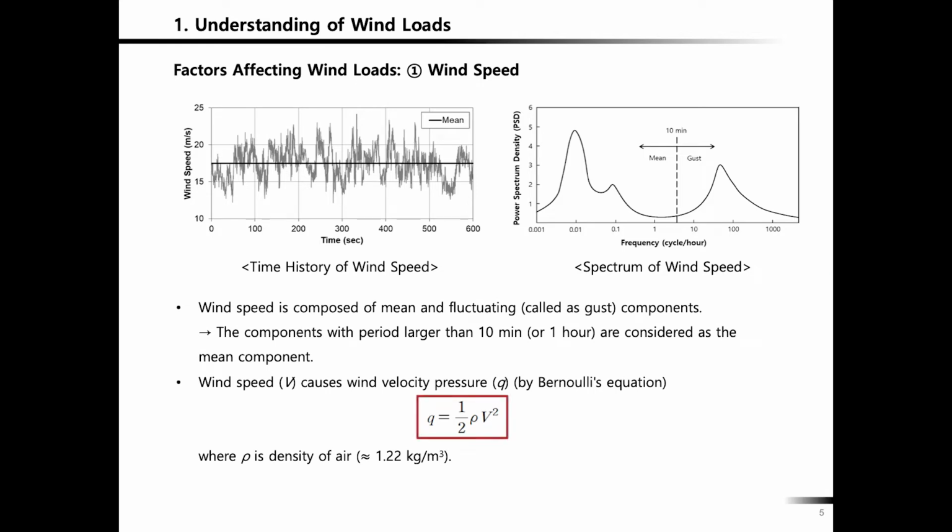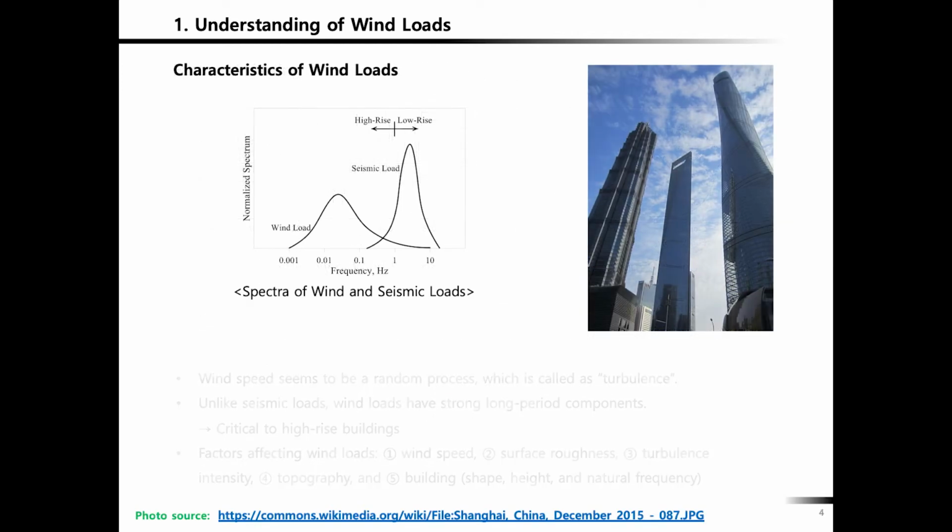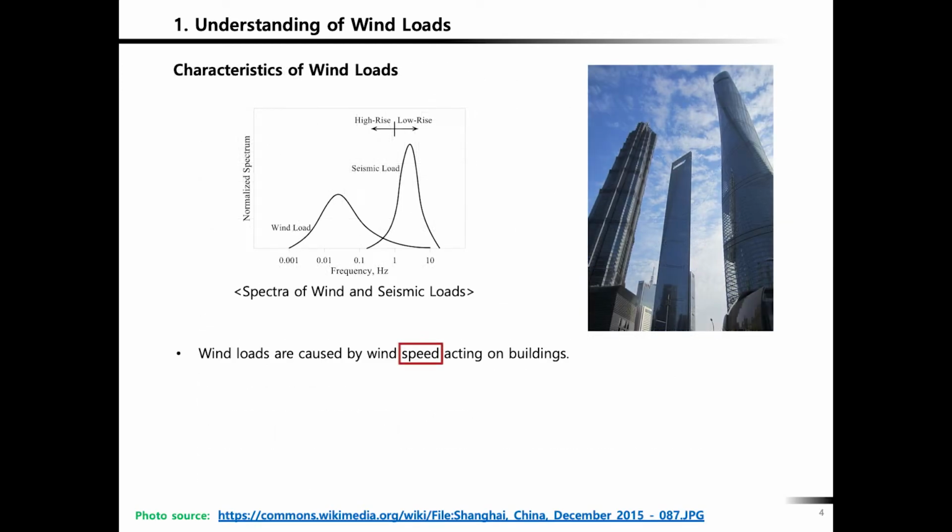When the velocity becomes 0, it all changes. If the building is really large, the fluid cannot go further and stops with 0 velocity, then it just transforms into pressure. And rho is the air density, 1.22 kilograms per cubic meter. So wind speed affects the wind loads.